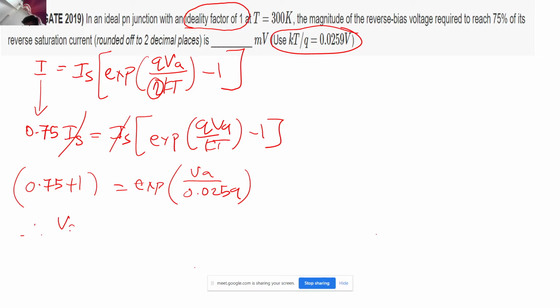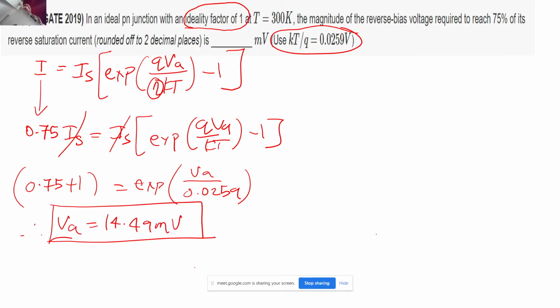And how are you going to check whether this answer is correct or not? Because see, it is just a sanity check. The voltage that you are supposed to apply to reach 75% of its reverse saturation current, right? Reverse saturation current is already low, and we are saying that we just want to reach 75% of that current. So obviously, until and unless I cross the VBI, I won't be getting a significant current.